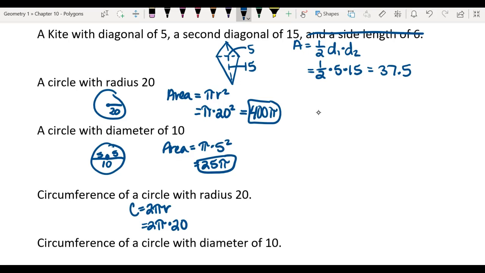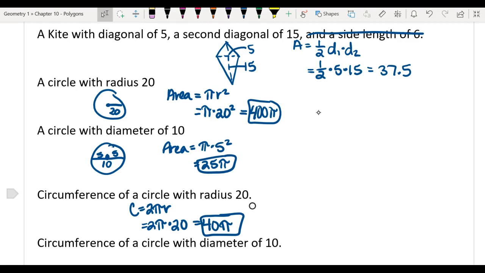You can use what's called the commutative property, and you can do 2 times 20. What's 2 times 20? 40. So the answer to this one would be 40 pi. Do you guys feel like you need a circumference problem where you got the diameter?